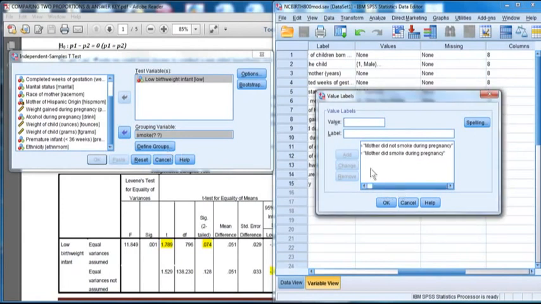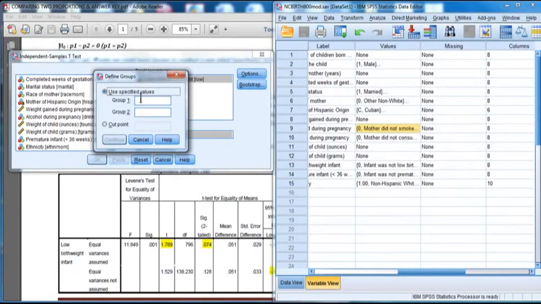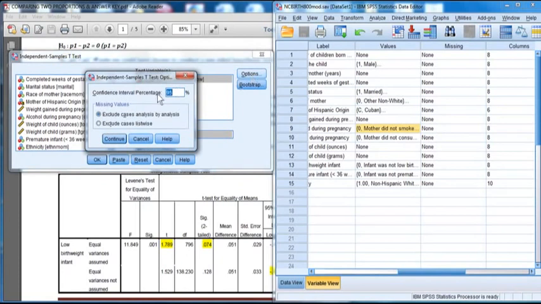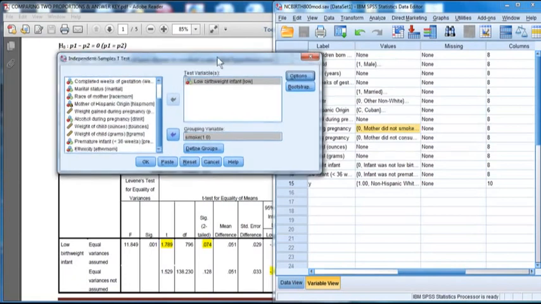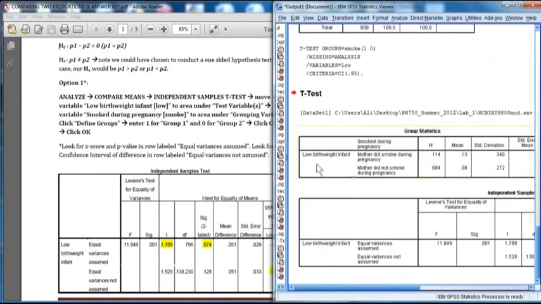So we have to tell SPSS, let's say the first group is 1, second group 0. So that corresponds to the coding we used for our variables. We're going to click continue, and in options we're going to leave it at default confidence interval 95%, click continue, and we are going to click OK.